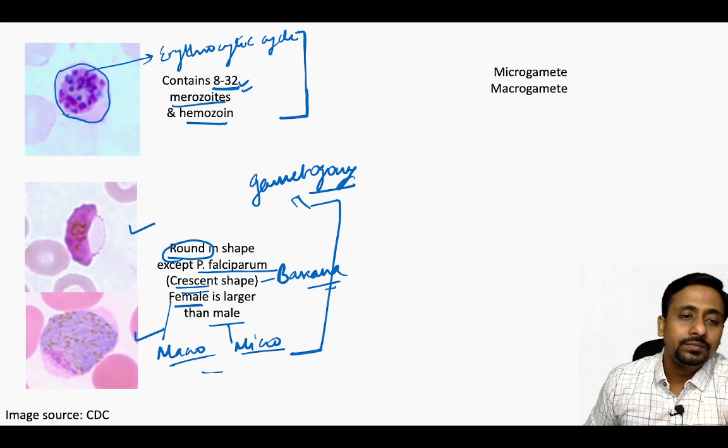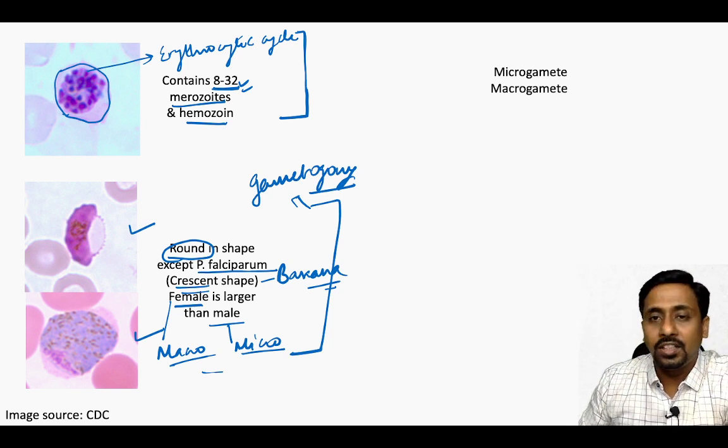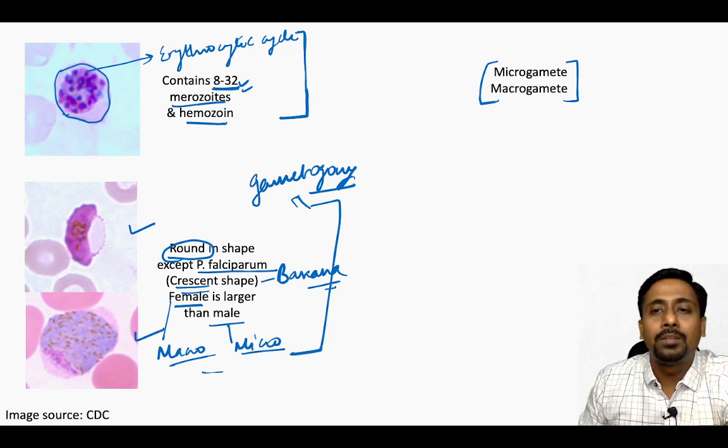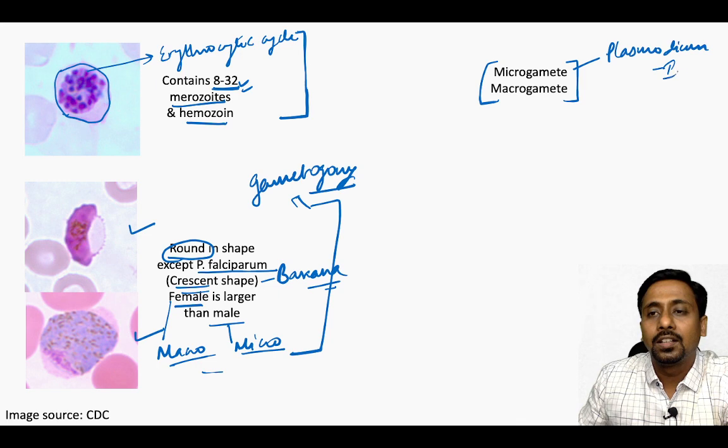Okay. Then there are two more structures which cannot be seen in the peripheral blood smear: microgametes and macrogametes. These microgametes and macrogametes are formed in case of plasmodium in the insect vector, whereas in case of coccidian parasites, they are formed inside the human intestinal epithelial cells.